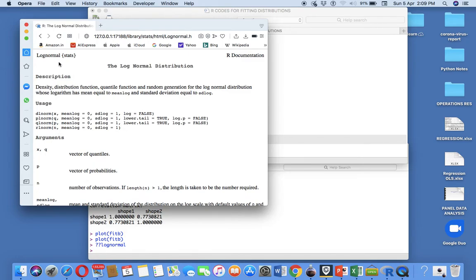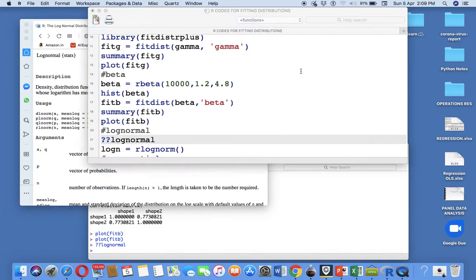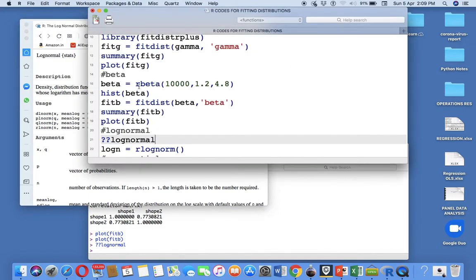So it'll be lognorm. Sorry, you can find the help there. It's lognorm. RLNORM. No, there's no need of "log". Lnorm.